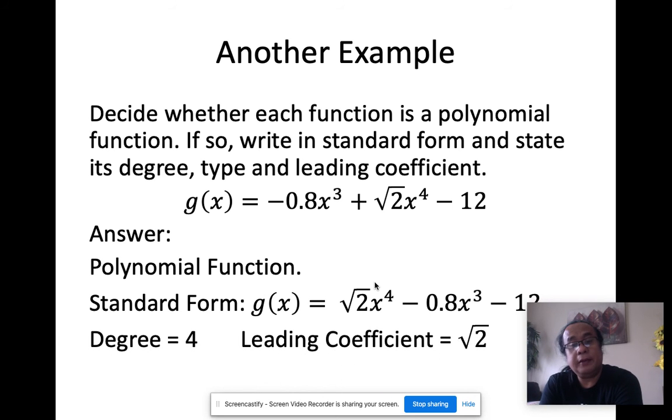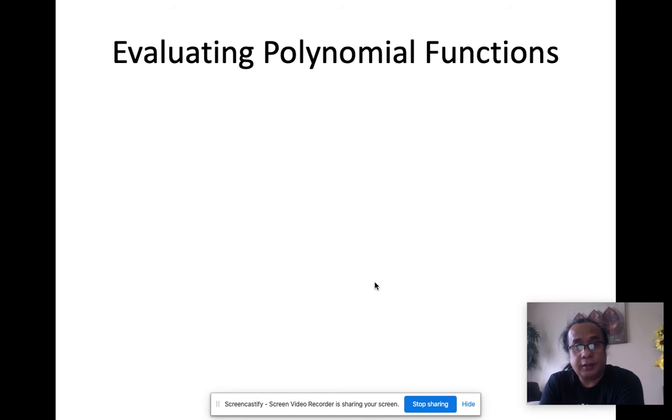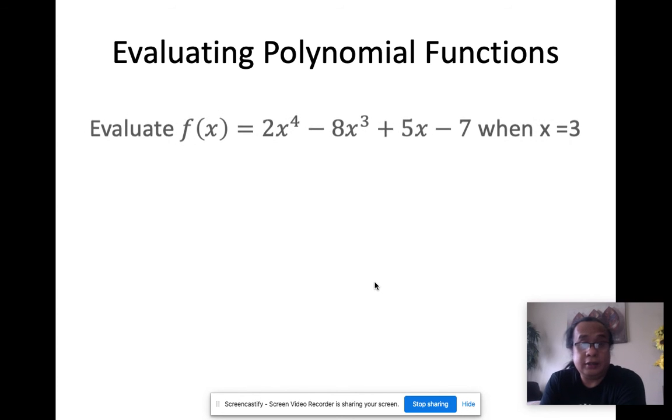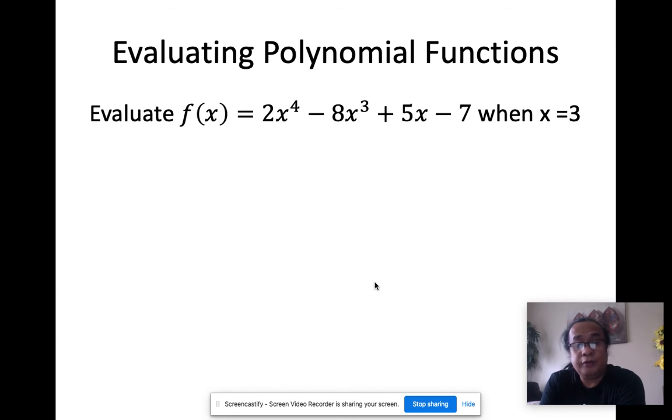So, how do we evaluate polynomial functions? Evaluating a polynomial function is simply substituting the x value that you want. For example, say you want to evaluate the polynomial function 2x to the fourth minus 8x cubed plus 5x minus 7 when x equals 3. All you have to do is get the value at 3.